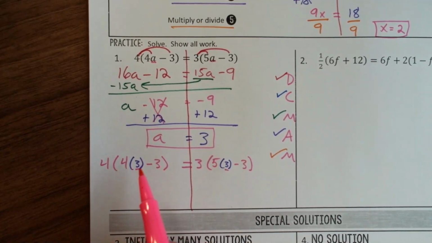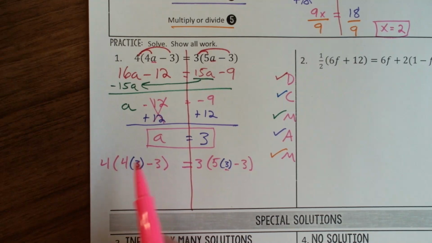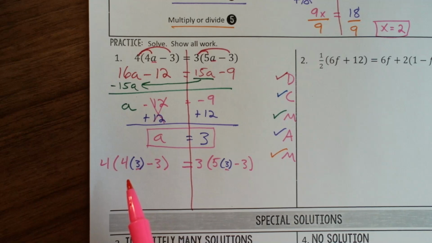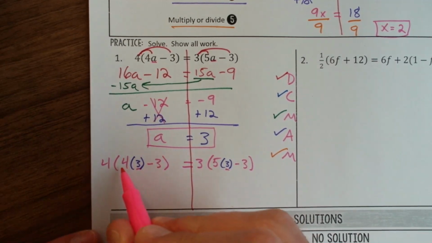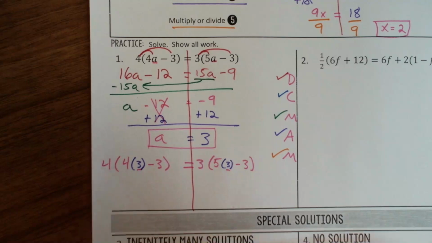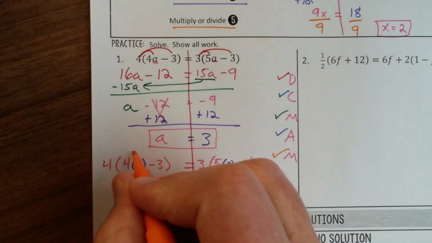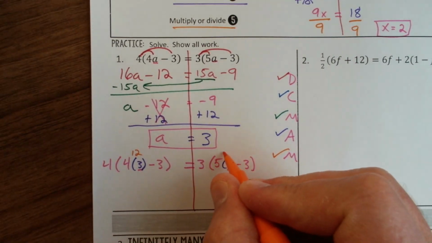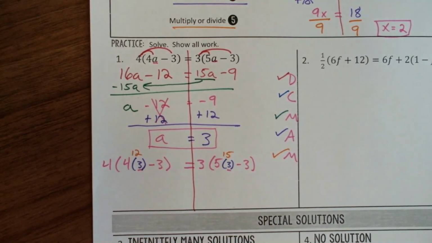Okay, so now let's do our normal solving, which is our normal order of operations. Parentheses, exponents, multiply, divide, add, and subtract. So 4 times 3 is 12. 5 times 3 is 15. I'm going to take care of the inside of the parentheses first.